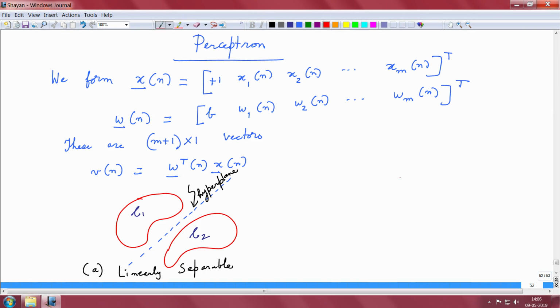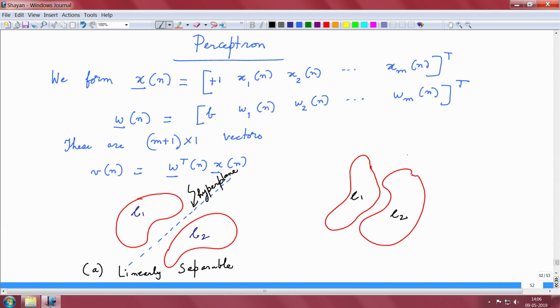Similarly, if we have two classes that are nested like this, for example, and let us assume that this is C1 and this is C2. Obviously, we cannot have a hyperplane that can cut through the region separating C1 and C2.